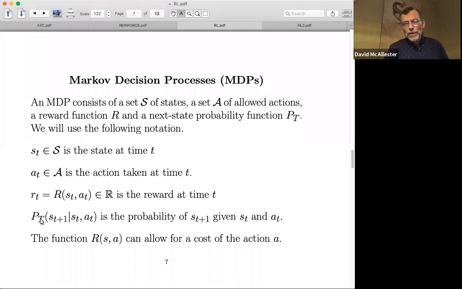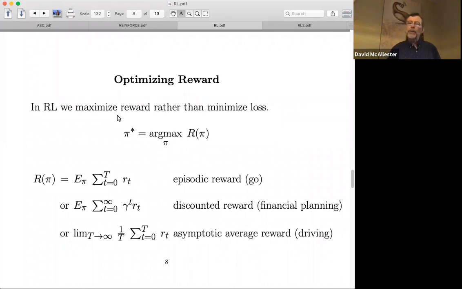And I've already talked about the transition probability. This is the probability distribution over the next state given the current state and the action. So this defines a Markov decision process. It consists of the set of states, the set of actions, the transition probabilities, and a reward function. Okay, so we would like to optimize reward.